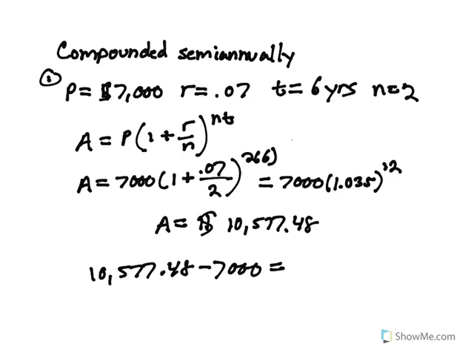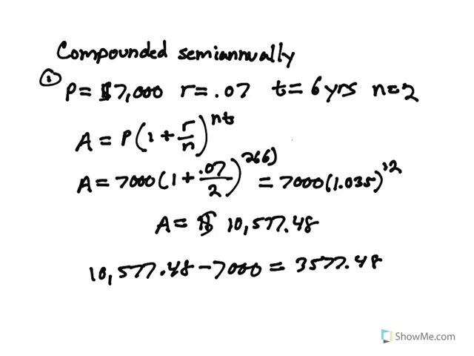When you do that, you should get $3,577.48. So if you take the difference of these two, you get that value.